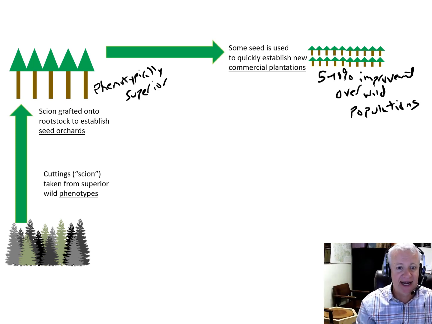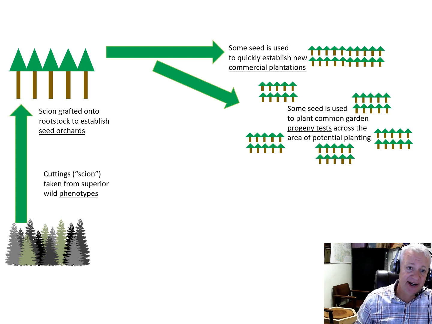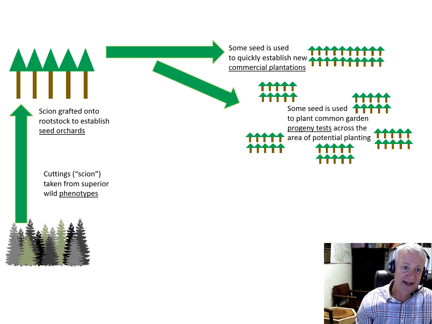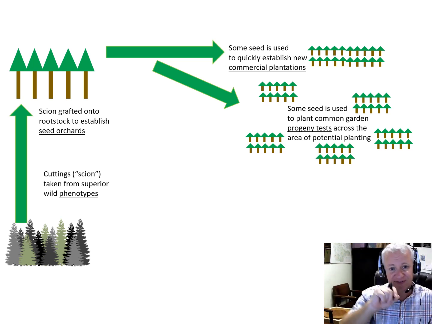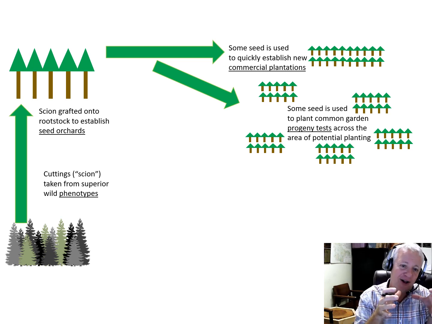But at the same time you're establishing these new plantations, you also establish a number of common garden studies across the area where you would like to reforest with these improved populations. These common garden studies, where you're planting basically offspring from many different parents in the seed orchard, you plant all those offspring from many parents.